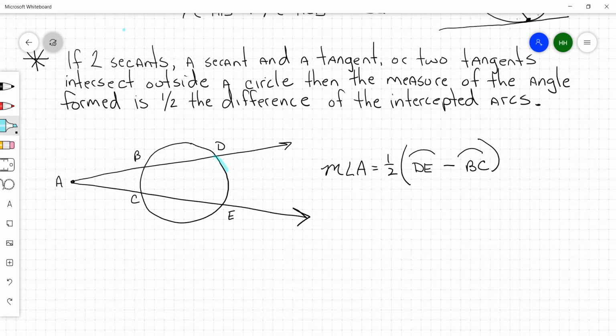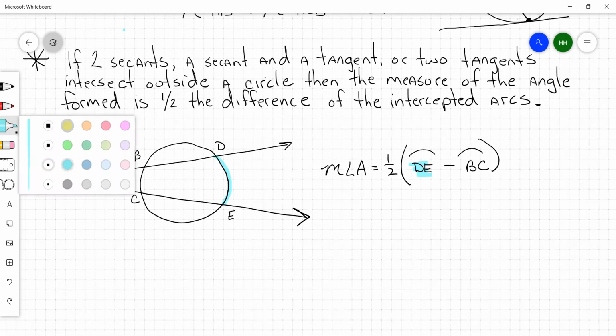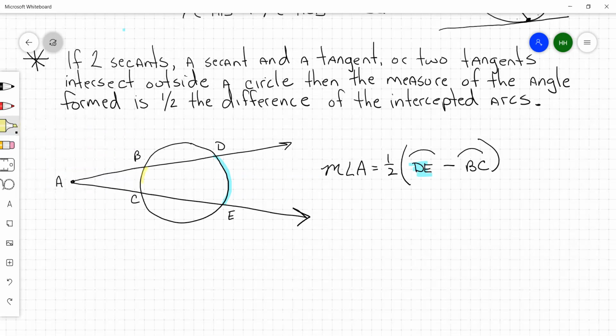Half of blue minus yellow. And make sure when you're doing this type of problem that you always subtract big arc minus little arc. Got it? Bigger arc minus smaller arc.